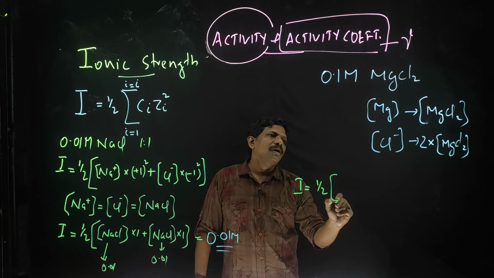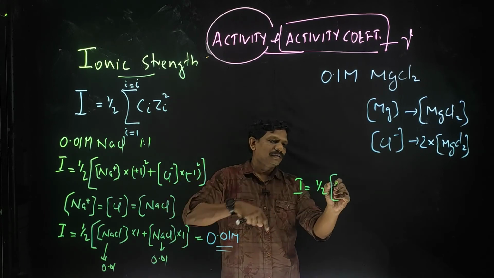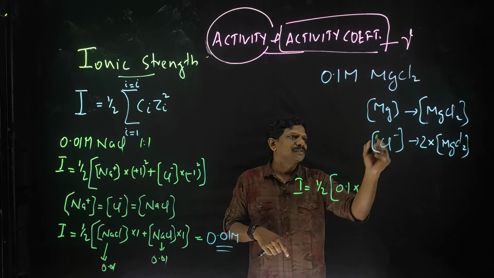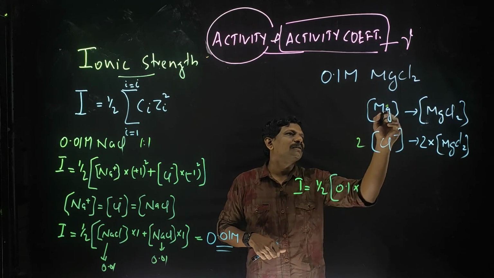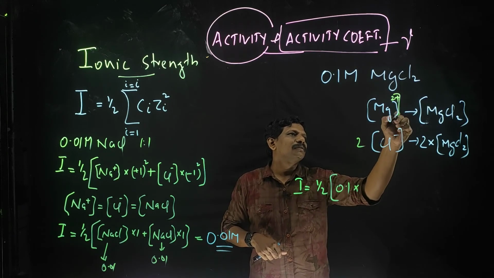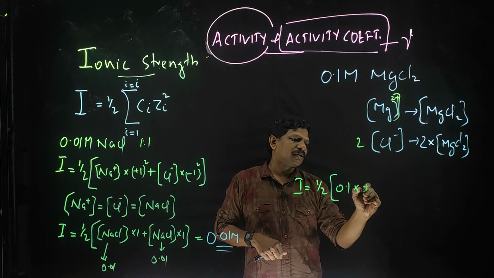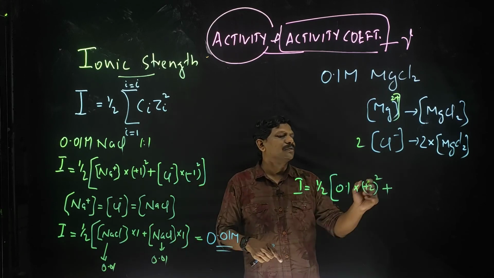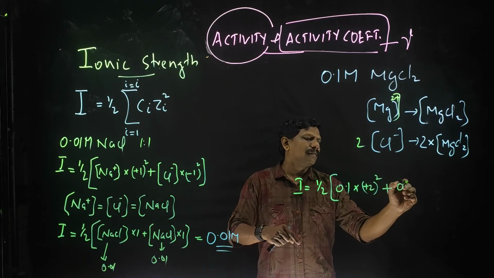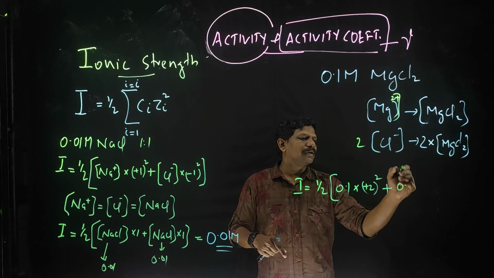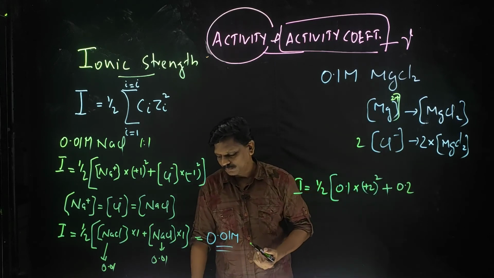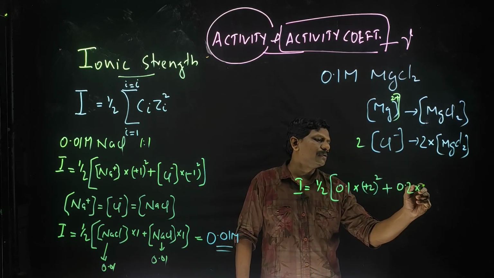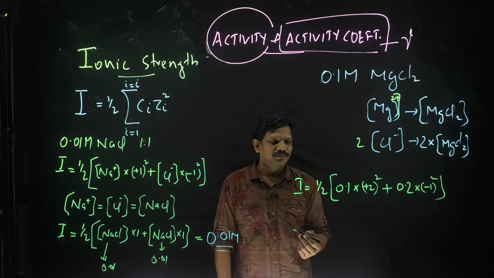I is equal to half into 0.1 into its charge. What is the charge? Mg is 2 plus, so it is plus 2 squared. Plus, for chloride, you should write 0.2, not 0.1, so it is 2 into MgCl2 into minus 1 squared.